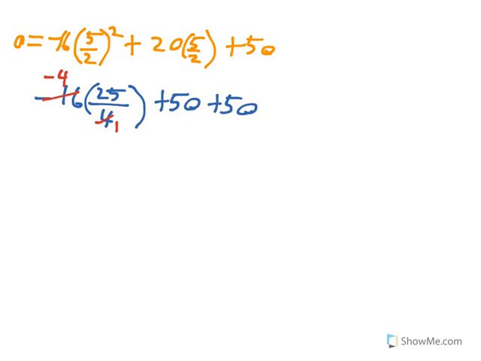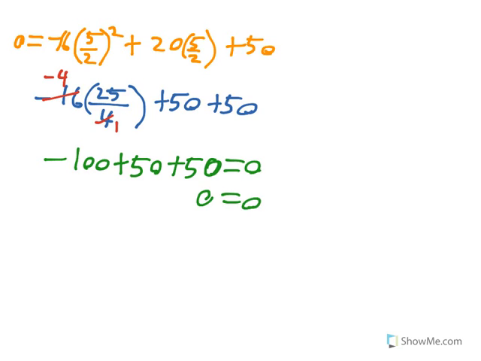After some quick simplification, we get negative 100 plus 50 plus 50, which equals 0. So now we've proven that 0 equals 0. We now know that when our t is 5/2, our h is 0.